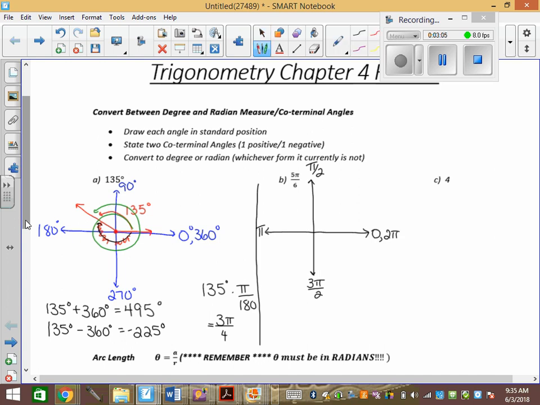But you're still going to have to show everything in radians because the question is in radians. So 5 pi over 6. Our x-axis, rotate about 0, 0. 5 pi over 6 is actually 150 degrees. So it's going to end up being here. But we don't write 150 degrees. We write 5 pi over 6, because we're not doing degrees.